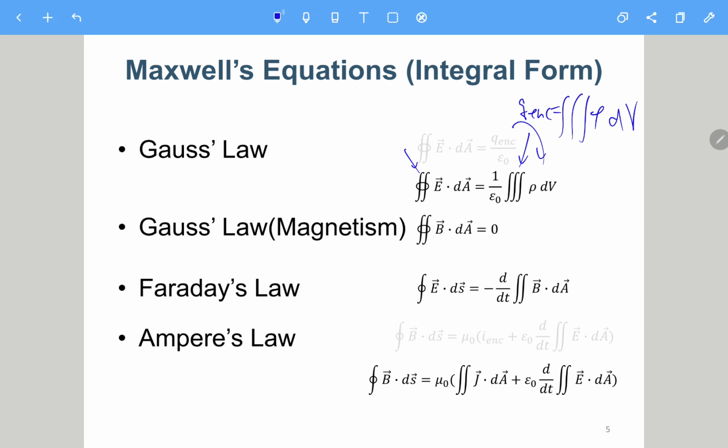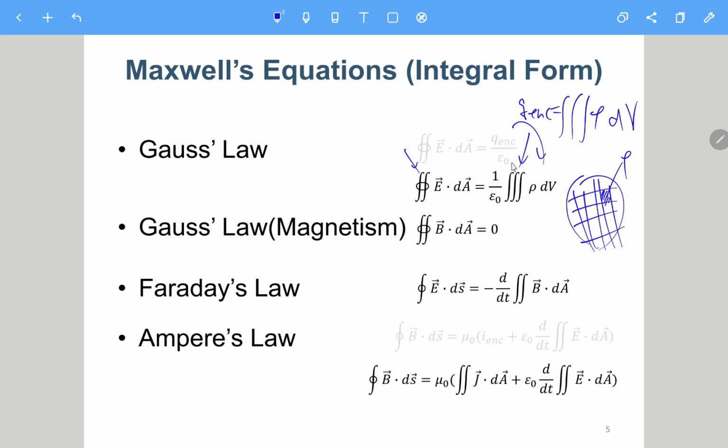You separate the region into many small parts. Actually this is 2D, but suppose we have a charge density here, multiplied by the volume, and then you add all of them together, so that this is the overall charge.